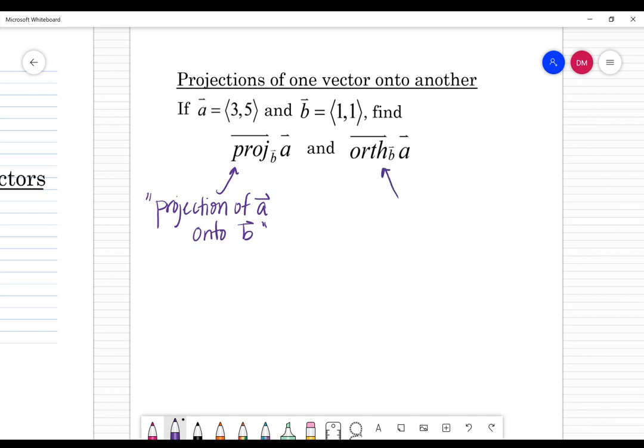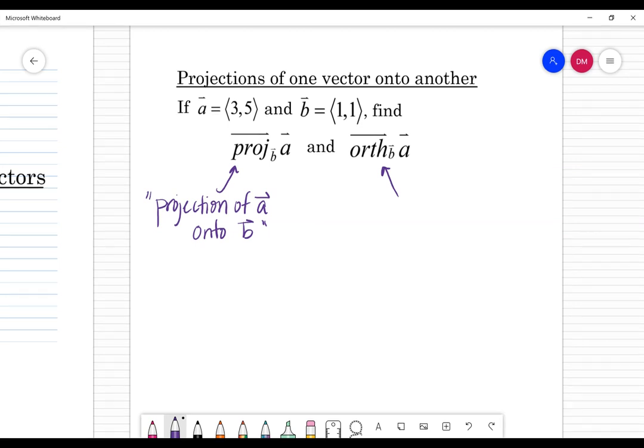The second one here, we use this ORTH. Now, again, discussing the angle between vectors. If we are talking the angle between two vectors, we sometimes will look for orthogonality, just another word for perpendicular.